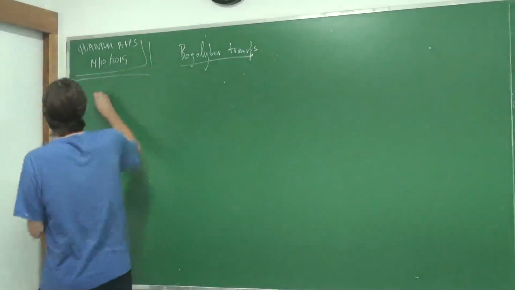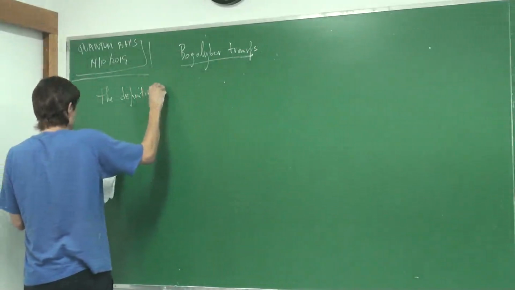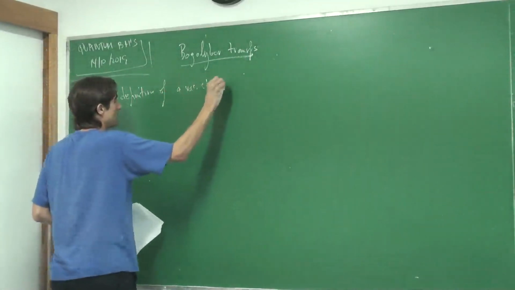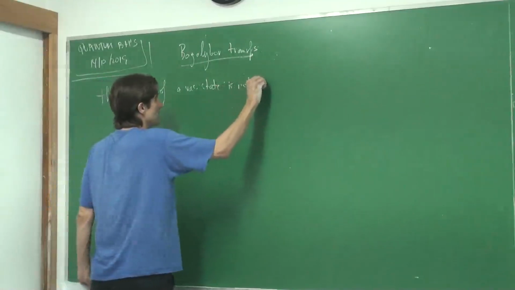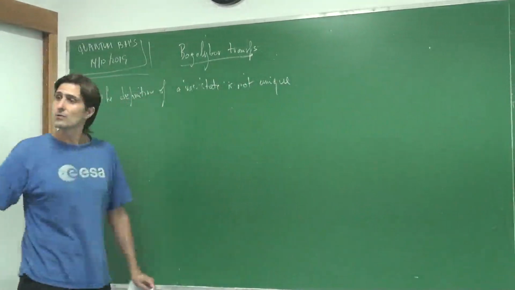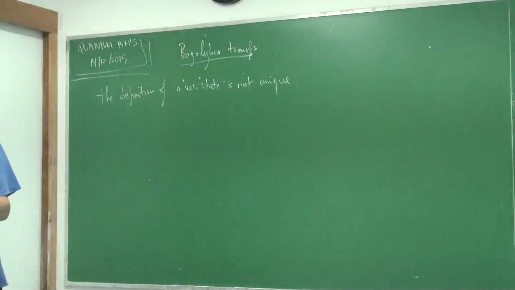So like we said, the definition of a vacuum state is not unique. In this sense, you can put vacuum in quotes if you wish, because it's relative to an arbitrary choice, arbitrary to some extent.